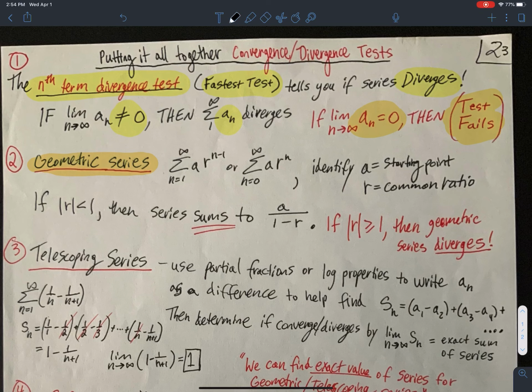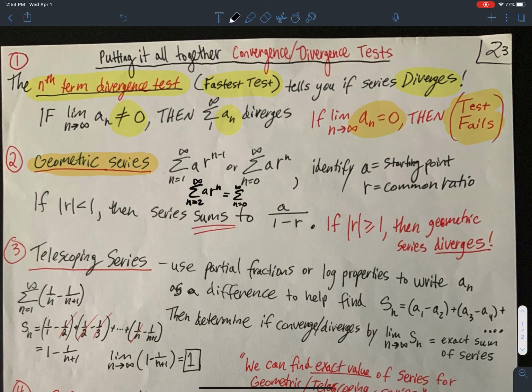So maybe if I gave you the sum from n equals 2 to infinity of a r to the n, and I said, I want this to start at 0. Well, what would you have to do to make this start at 0, right? Well, if I plug a 2 in here, that gets me an r squared as the first term.